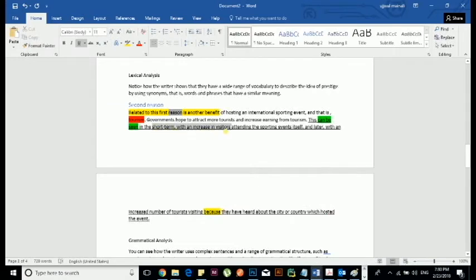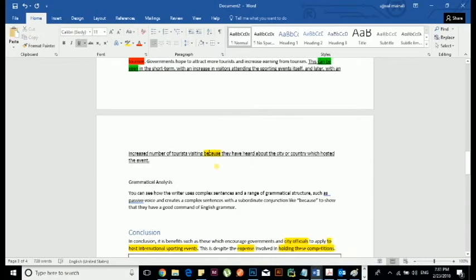In the short term, there are visitors who are actually attending the Olympic game or the FIFA game itself. And in the longer term, there will be an increased number of tourists because. So you can see how conjunction words such as because have been used to show that they have a good command of English grammar.